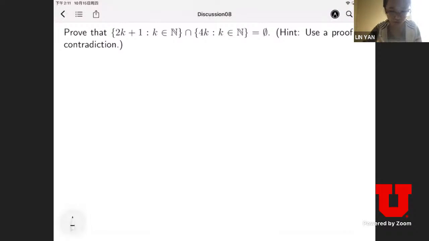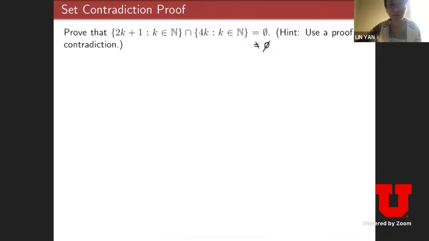And here is a hint. The original statement is that the intersection of these two sets is empty. So the contradiction should be that it is not empty. Then please work on it for 2 minutes. Then we will discuss it together.